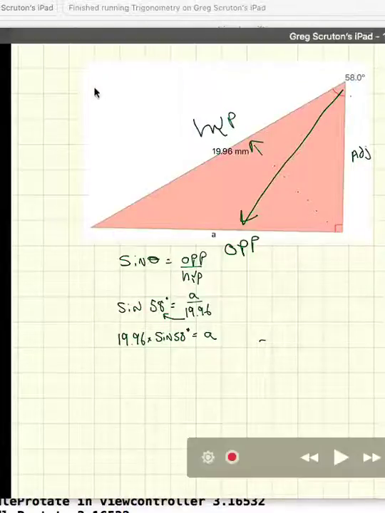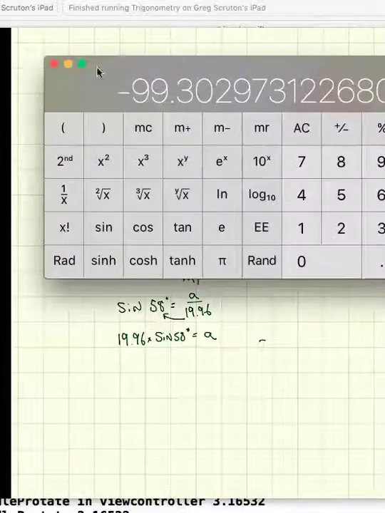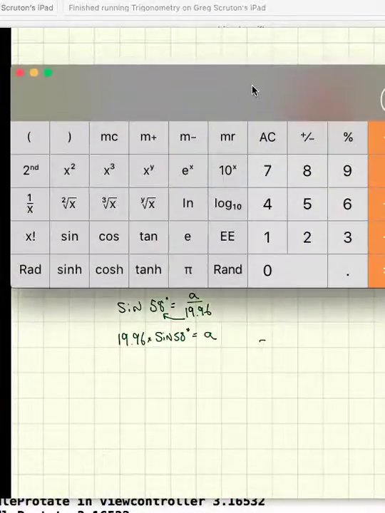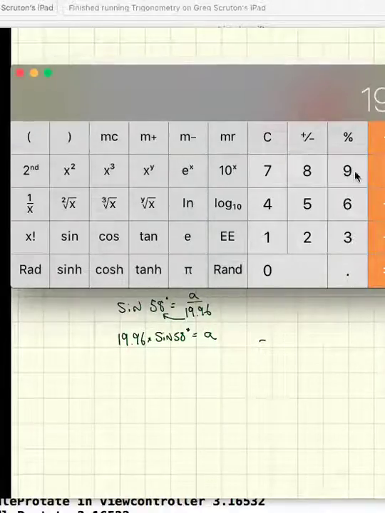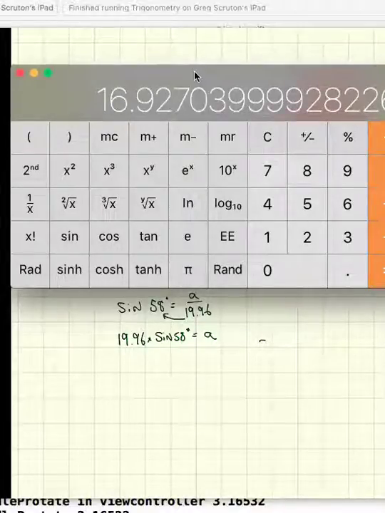So handy dandy calculator time. 19.96 times 58 degrees sine is equal to 16.927.